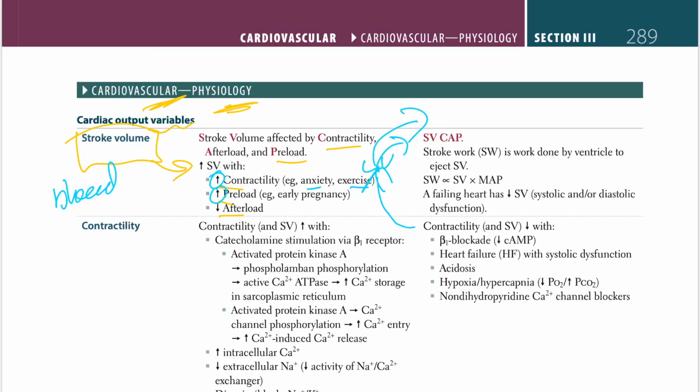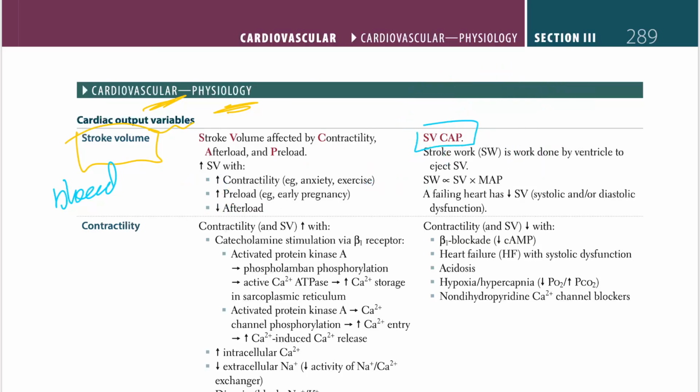Increase in preload, for example, early pregnancy. Or a decrease in afterload, meaning you don't have a lot of resistance in the aorta or other systemic vessels. So it's a lot easier to push that fluid out into the aorta and all the systemic vessels because of the decrease in afterload.